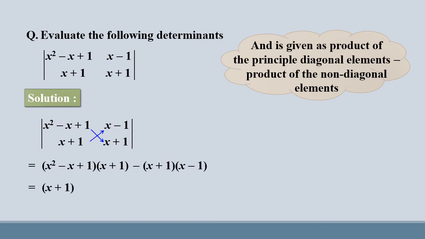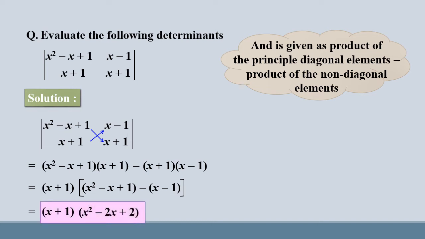On simplifying, we are taking x plus 1 common and simplifying the bracket. On simplifying the bracket we get x plus 1 into x square minus 2x plus 2 as the value of the given determinant.